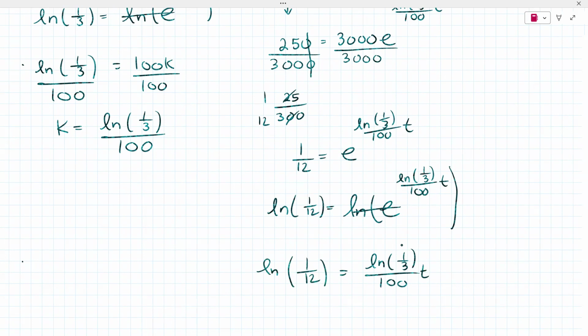So you want to solve for T, so what you can do is multiply by the reciprocal of this, right? So go and multiply by the reciprocal of ln of 1/3 over 100. That would be 100 over ln of 1/3.